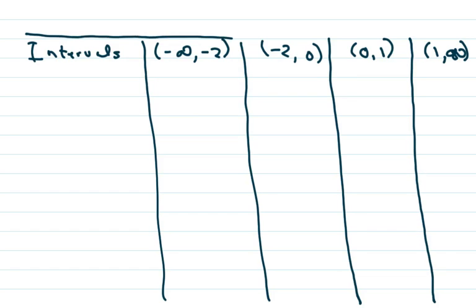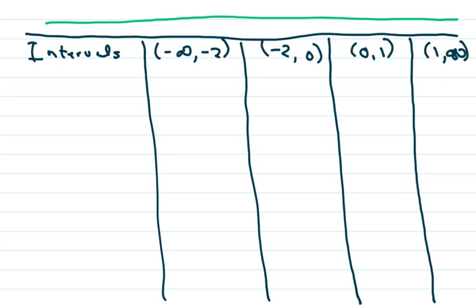So I'll tell you what I'm doing here. If I do a little line here, I'm picking negative 2, because that's a vertical asymptote. I'm picking 1, because that's a vertical asymptote. And I'm picking 0, because that's the horizontal asymptote. So I need to know what the behavior is.